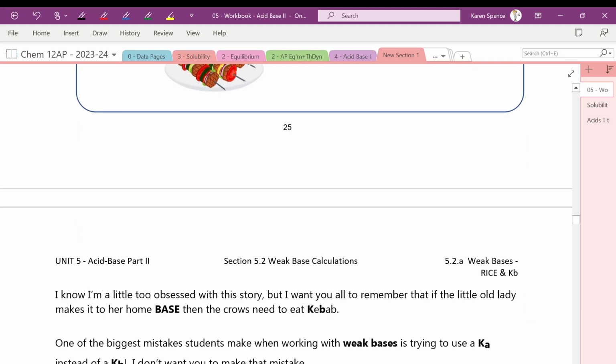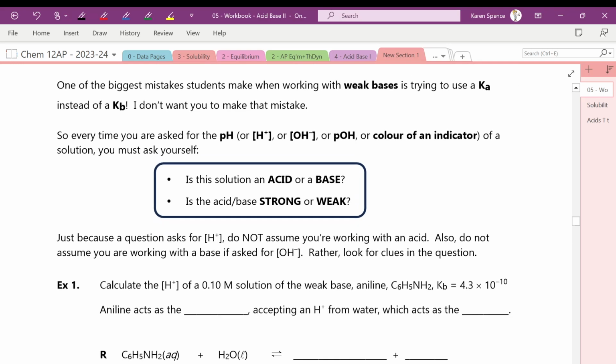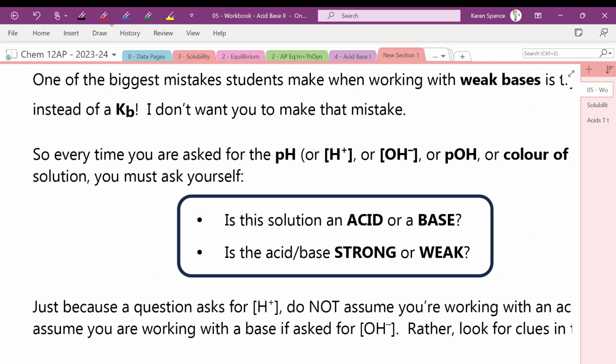Okay. I know I'm obsessed with this story, but there we go. So every time you're asked for the pH or the H plus or the OH minus or the pOH, you have to ask yourself, is the solution an acid or a base?